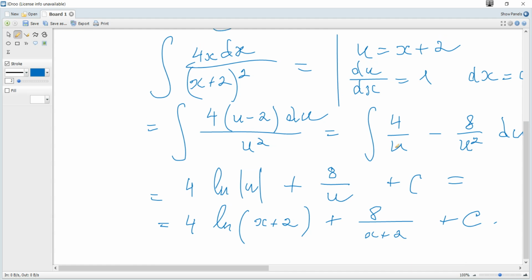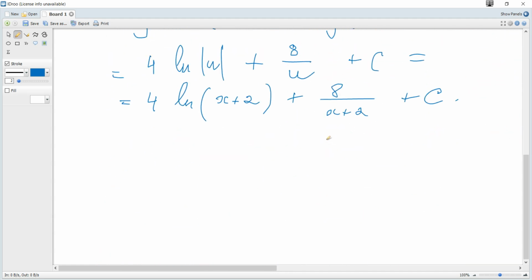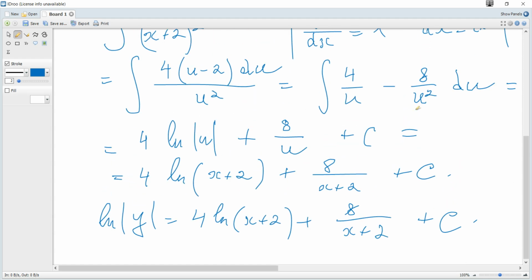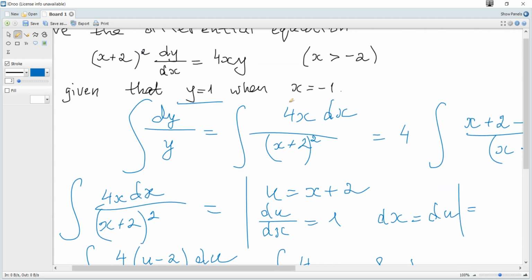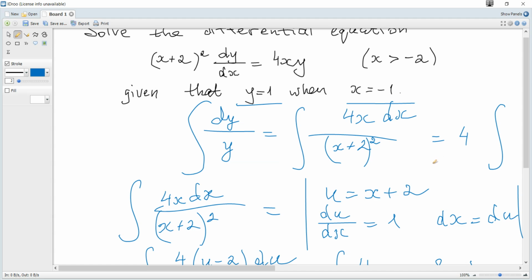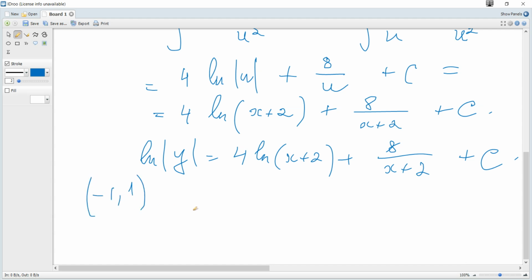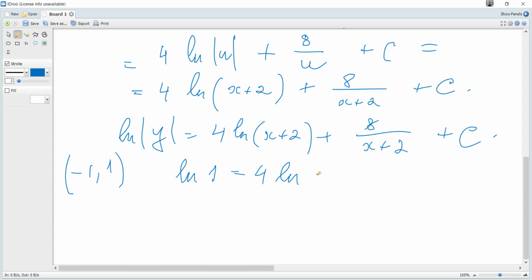And the left hand side, ln of the absolute value of y is 4 ln of x + 2 plus 8/(x + 2) plus a constant. Substituting the initial condition, or this point, (-1, 1), we get that ln of 1 is 4 ln of (-1 + 2) plus 8 over (-1 + 2) plus a constant.